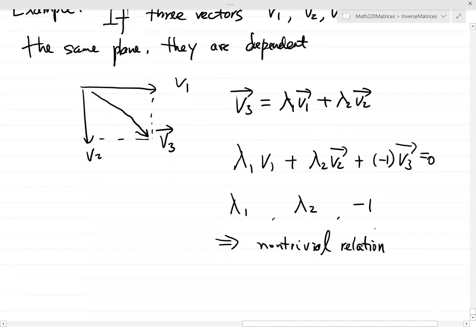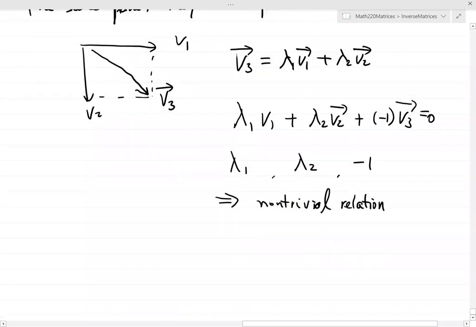Now think about this question. In a plane, any three vectors in R2 naturally lie in this plane. So three vectors in R2 should be linearly dependent.